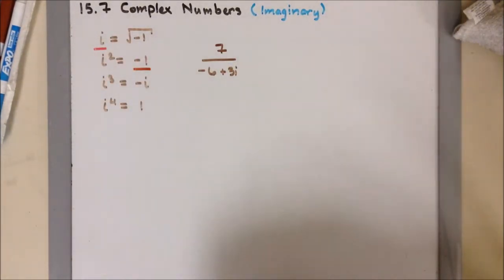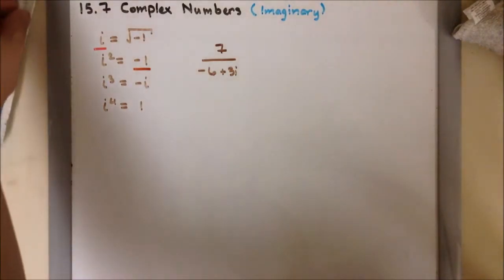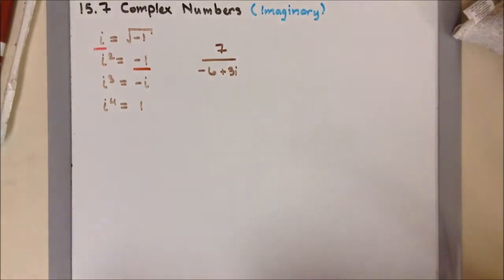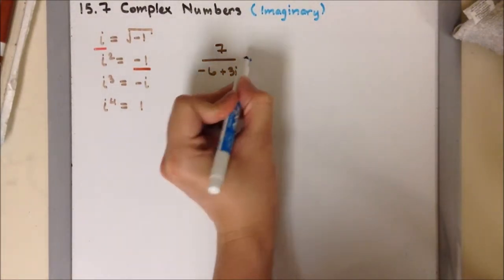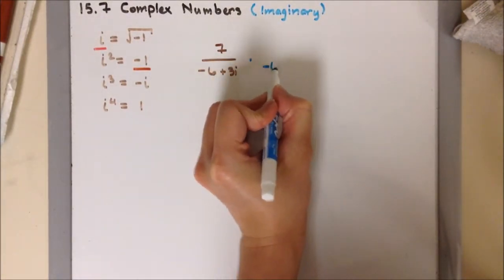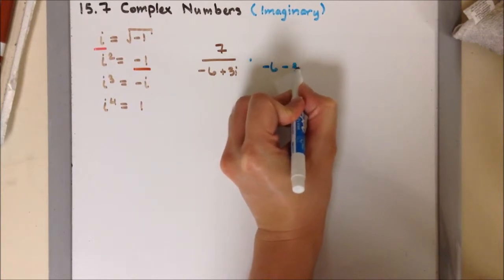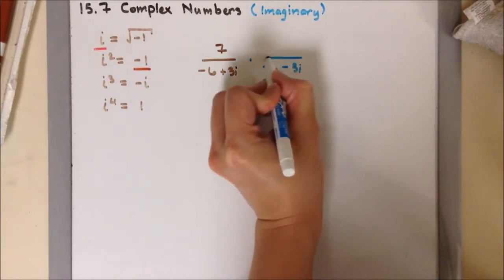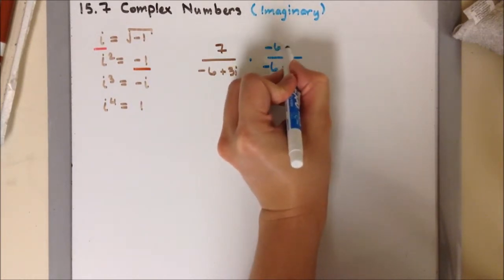We cannot have any i's in the denominator of any fraction whatsoever. To do that, we're going to rationalize the denominator by multiplying by the conjugate. So the conjugate of negative 6 plus 3i will be negative 6 minus 3i, and I'm going to multiply that to the top and bottom of the fraction.